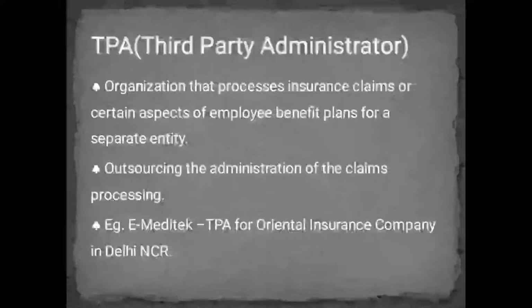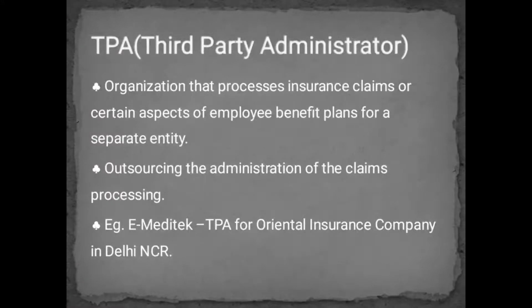There is another concept in insurance we will go through at a glance: the third party administrator, an organization that processes insurance claims or certain aspects of employee benefit plans for a separate entity. It is a separate third party organization that helps the policy holders as well as the insurance company by taking over the claims processing.